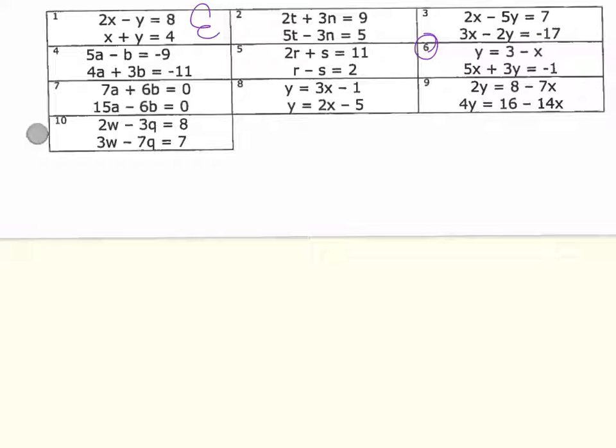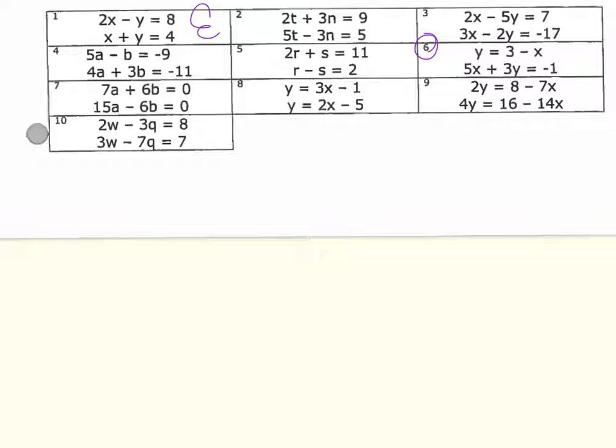All right, so I see y equals 3 minus x and 5x plus 3y equals negative 1. These are not in standard form, so we can't really use that same logic that we just had. But I noticed that this first equation says y equals.